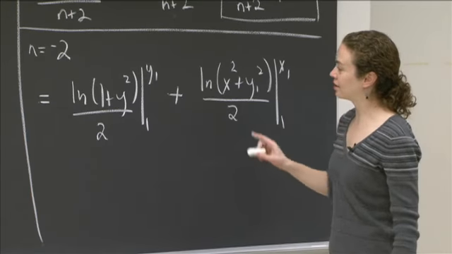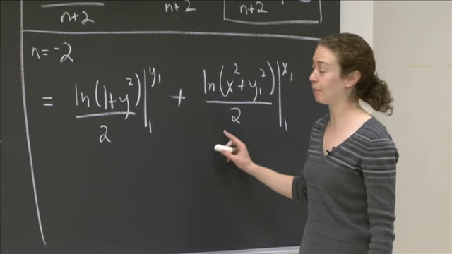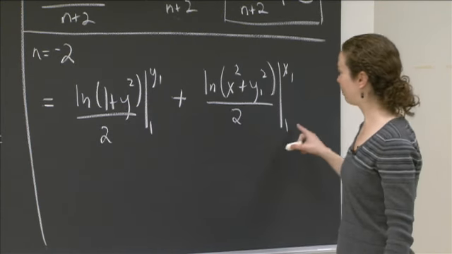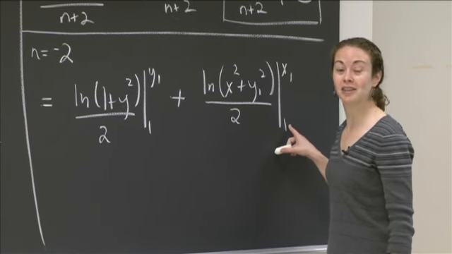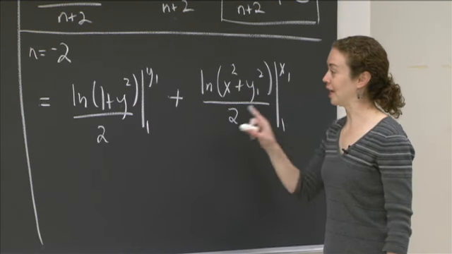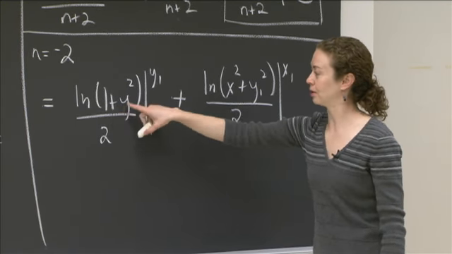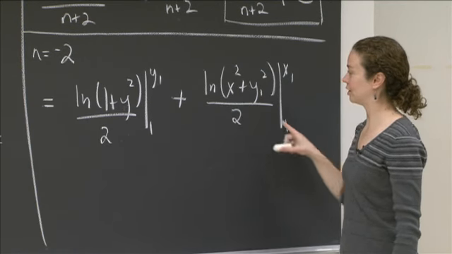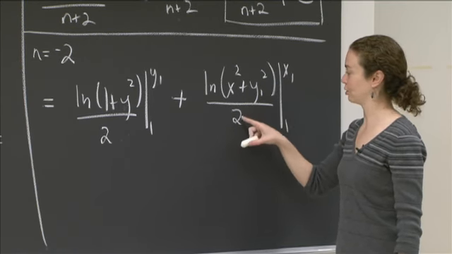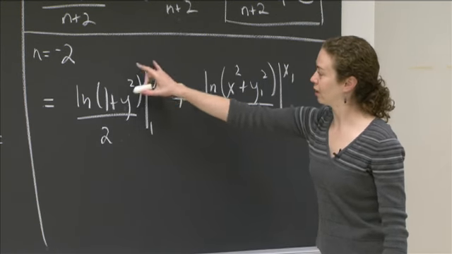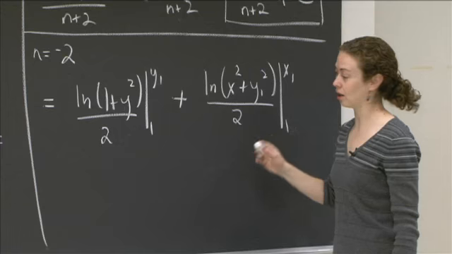Yes. And the same kind of thing is going to happen as before: when I put y1 in here and I put 1 in here, I get the same thing, but with an opposite sign. Here it's a positive natural log of (1 + y1^2) over 2, and here it's natural log of (1 + y1^2) over 2, but because it's the lower bound, it's a negative sign. So what I get here and what I get here subtract off.